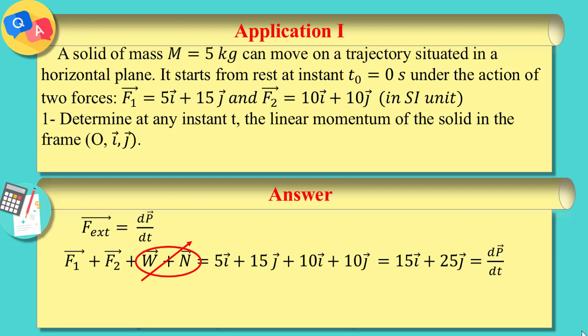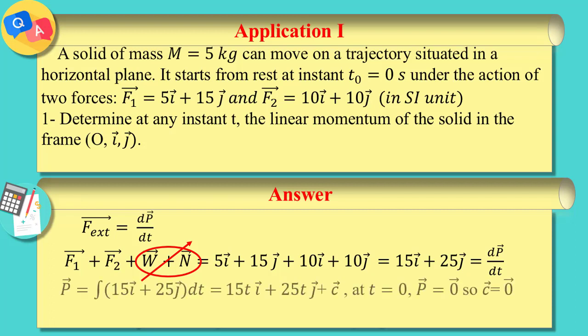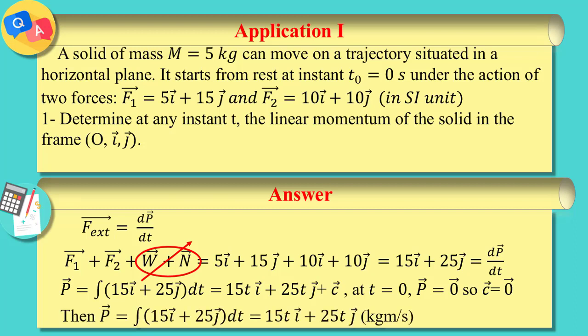But we want to find the linear momentum, so we take the antiderivative of the sum of forces, and it is 15ti plus 25tj plus a constant. At t equals 0, the linear momentum is 0, so the constant is 0, and finally the linear momentum is given by 15ti plus 25tj kilogram meter per second.